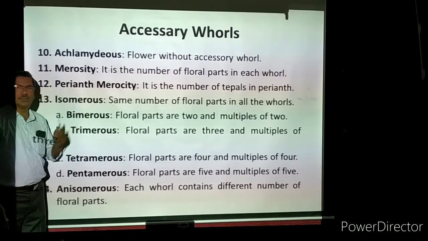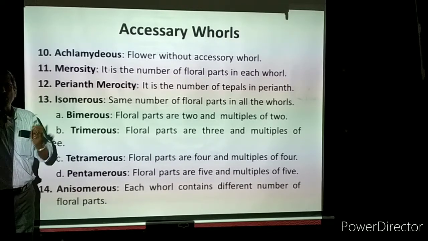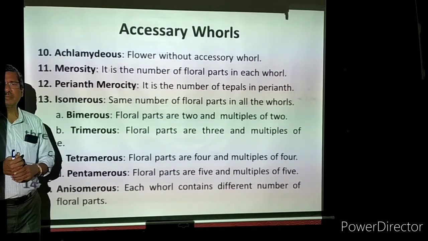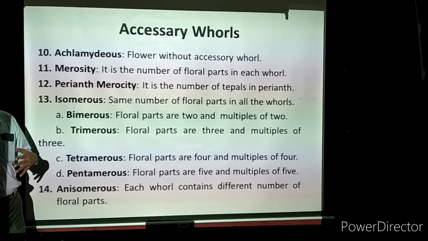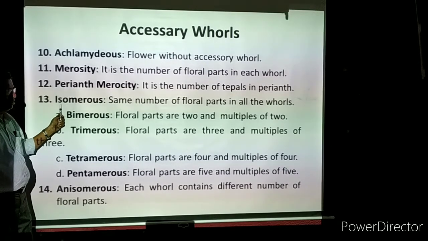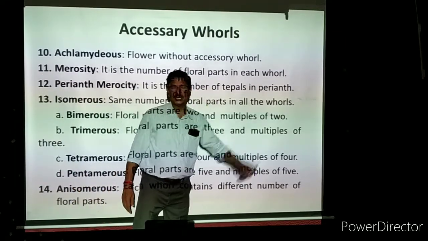Merous means number of floral parts in each whorl. Iso means uniform. Some uniformity is there in the number of sepals, number of petals, number of stamens, and the number of carpels in the ovary. Okay, some uniformity is there. What is that uniformity? Same number of floral parts in all the whorls.